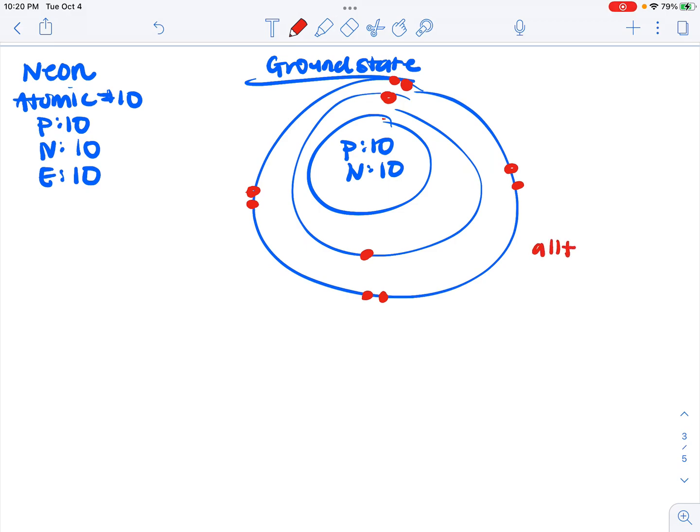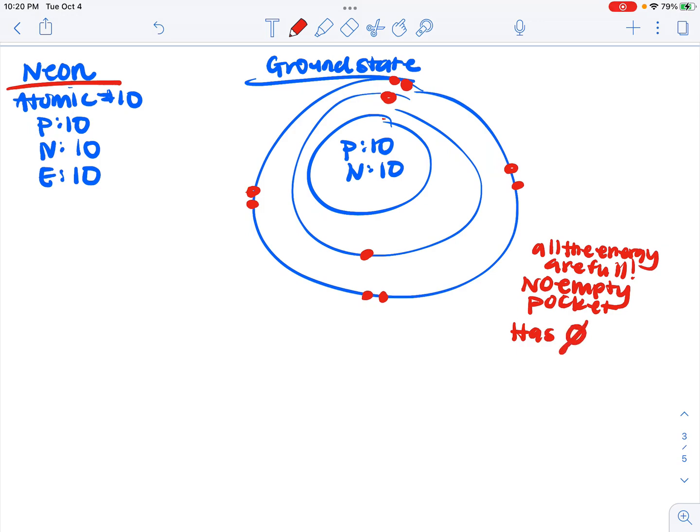So what's happening here is all the energy levels are full. We can't just make another energy level. It doesn't have another energy level. There's no empty space or no empty pockets to put electrons. So neon is an example of an element that has no excited state.